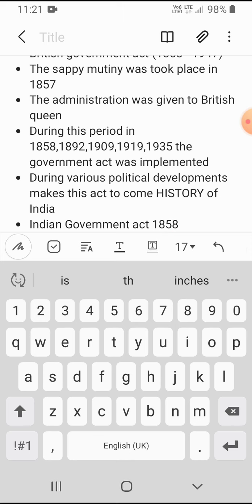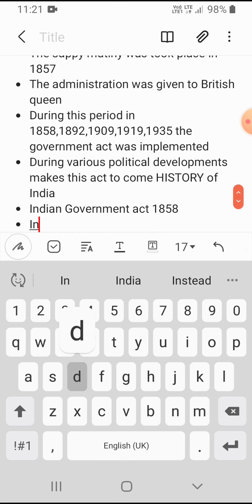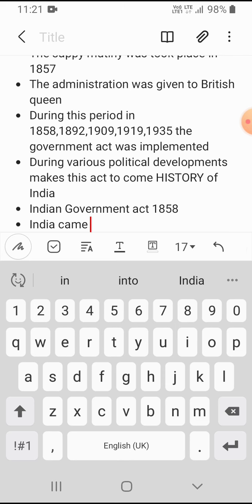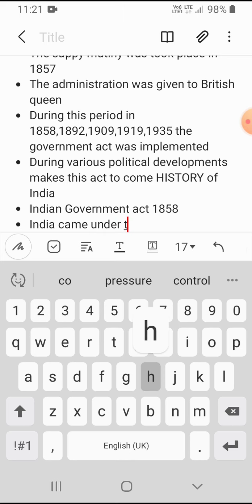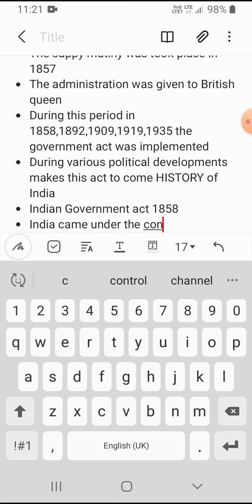And as you know, after the First War of Indian Independence, India came under the control of the British.